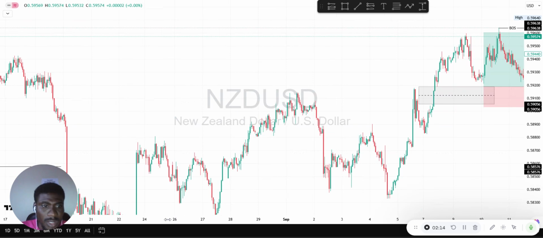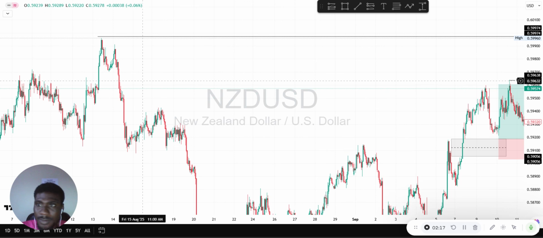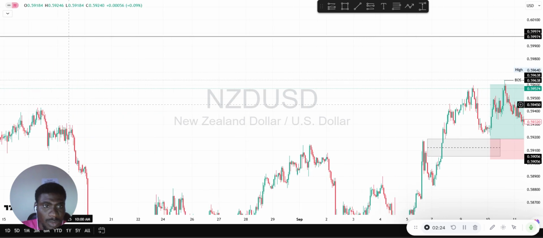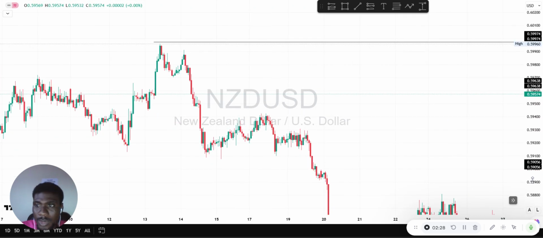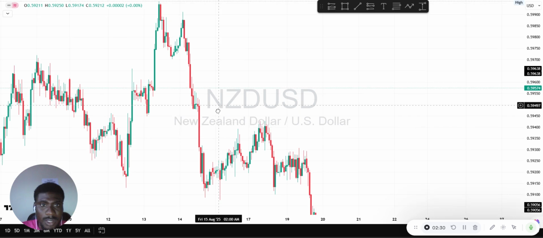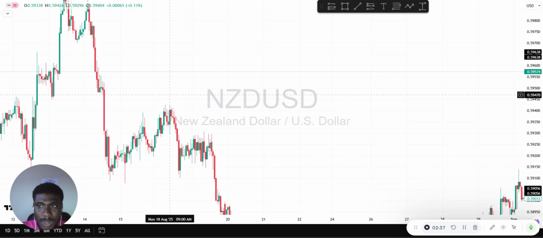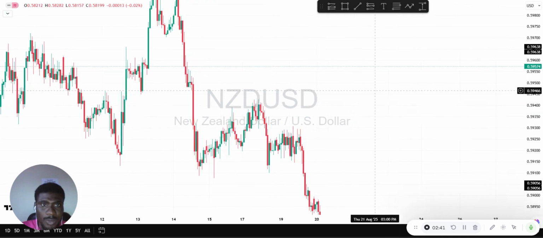Now remember, we have a bearish trend, right? As you can see, price is reacting to this zone. So let's see what price is about to do here. For next week's outlook, let's see what price wants to do.